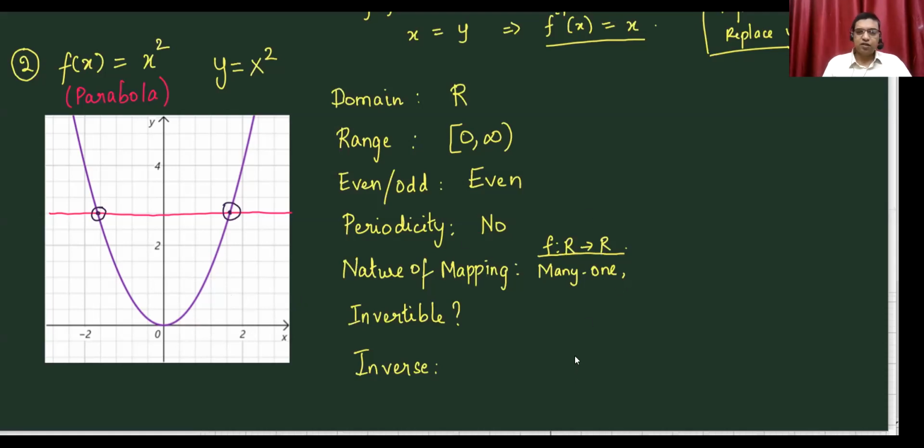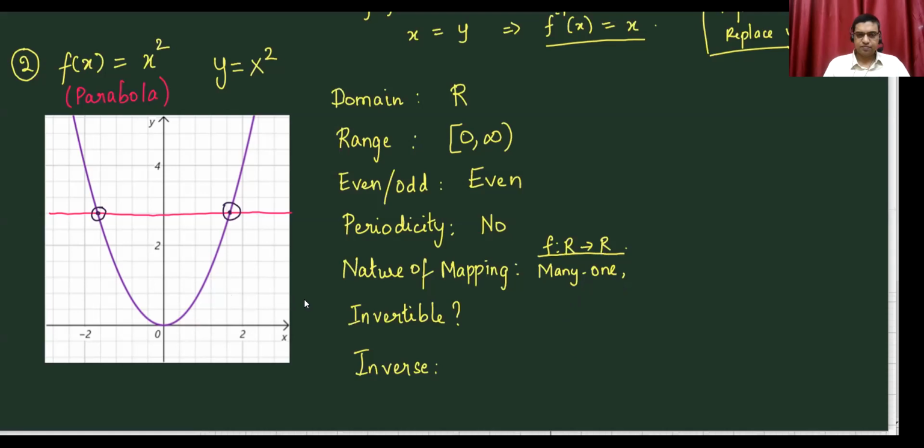How about onto or into? What is the definition of onto? The range should be equal to the codomain. Tell me now, what is this function?